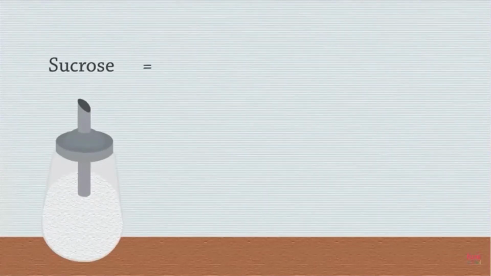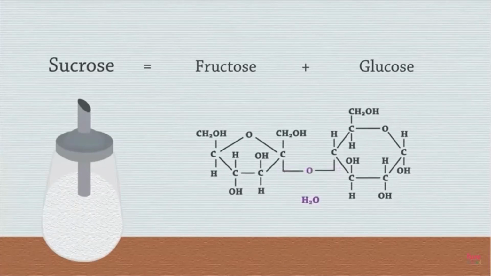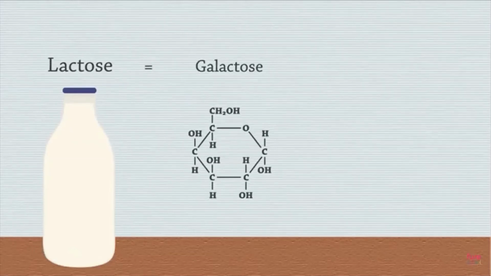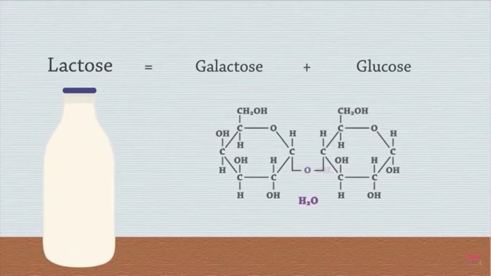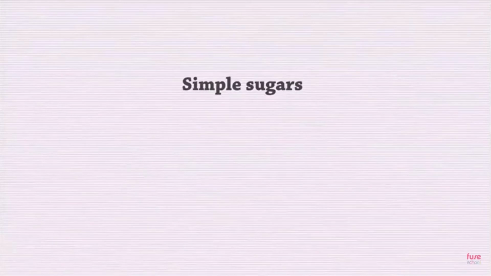Table sugar is actually sucrose, which is a disaccharide formed from fructose and glucose. Lactose, a sugar found in milk, is also a disaccharide formed from galactose and glucose. Have you noticed that all the simple sugars that we've discussed contain the suffix -ose?